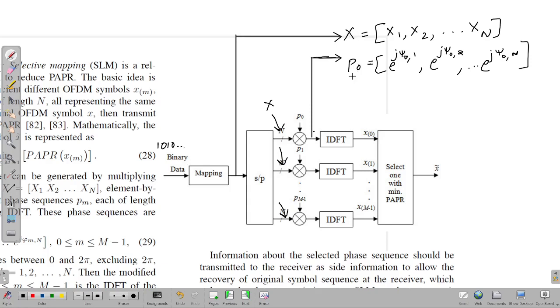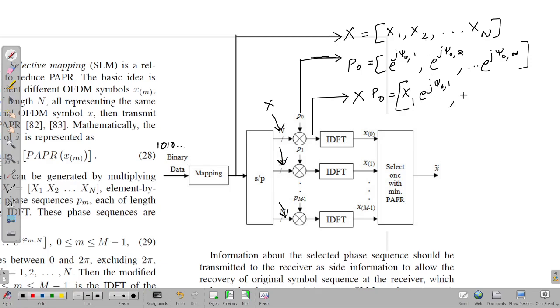X gets multiplied by P naught, so here you have x into P naught, which is a multiplication of these two: x1 into e raised to j phi naught,1.